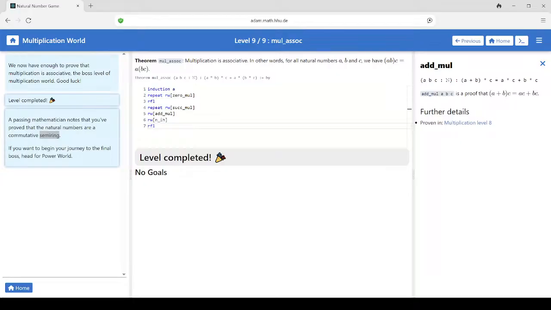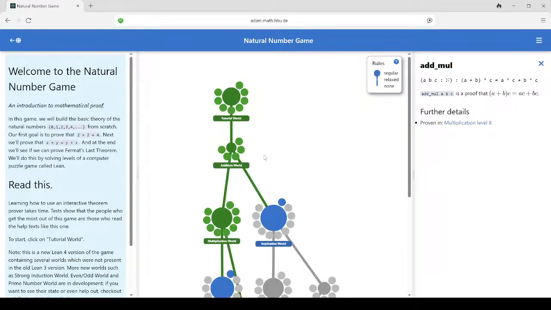Wikipedia says it's an algebraic structure. Yeah, so I'm not sure. If you want to begin your journey to the final boss, head for Power World. Alright. We did it!